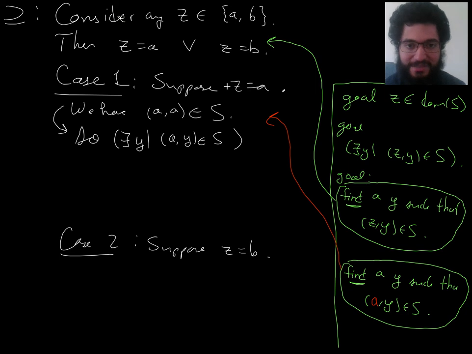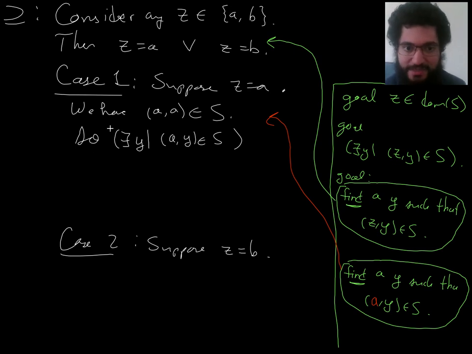Imagine if you didn't really understand what was going on, if you hadn't thought through the goals as we did here, and you were reading this. You go from z equals A, and the next step is this pair is in there. Why? It looks like the step is coming out of nowhere. So that's the existential generalization.